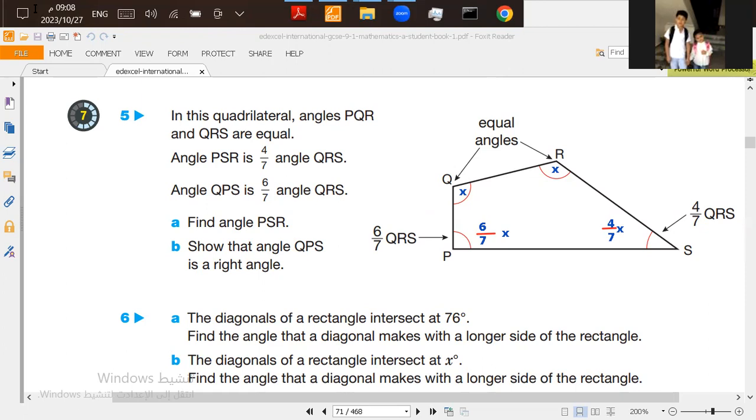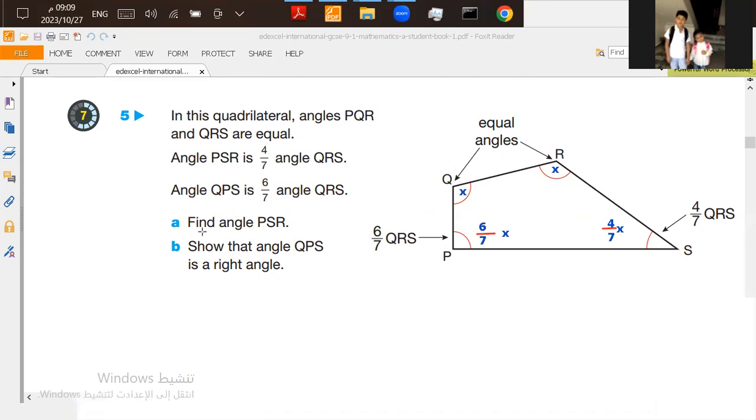So I'm going to add them and find the value of X. First thing I'm going to do, I'm going to say X plus X, plus 4 over 7X, and then 4X over 7, and then plus 6 over 7X. So 6X over 7.